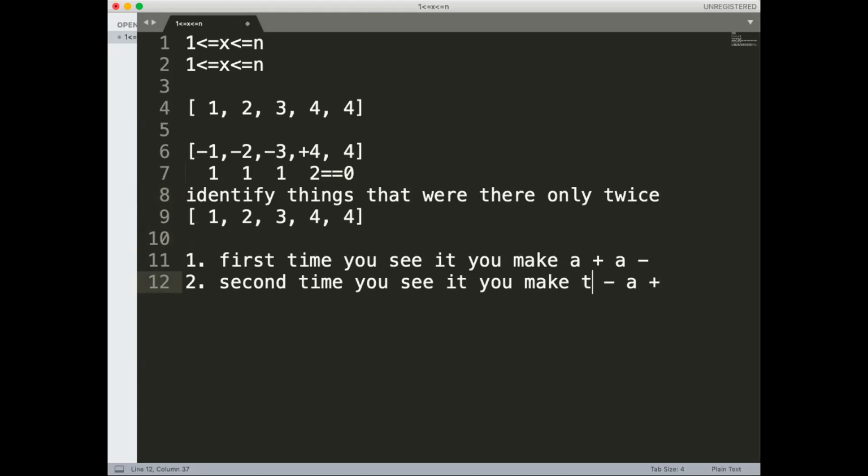We will just put it in our result set. Yeah, that is exactly what I was looking at. So the thing is, if you actually use this approach, the first time you see that number, you will make that plus a minus. The second time you see it, you'll make a minus a plus. The third time you see it, you'll again make the plus a minus.